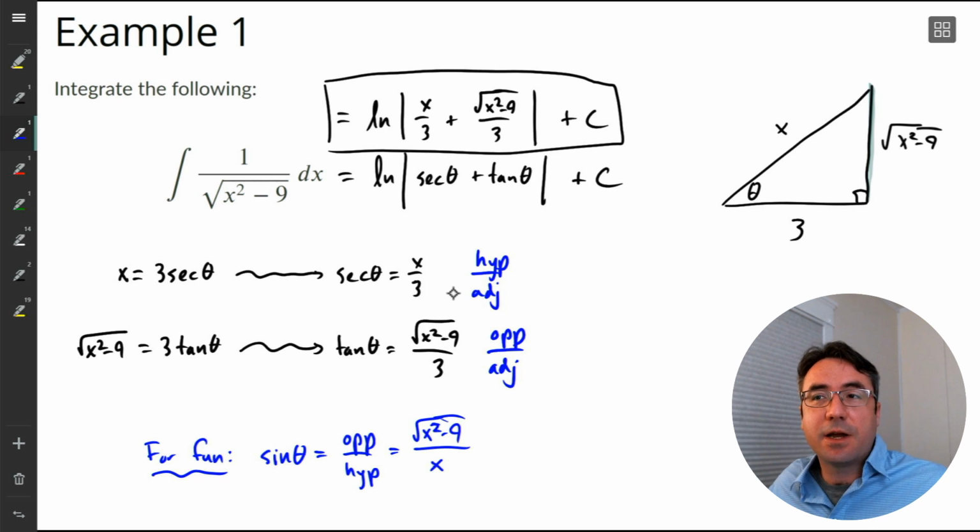Now, we got a little lucky here. We had everything we needed. We could solve this equation for secant theta, and we could solve this equation for tangent theta, and that gave us all the pieces we needed. But if there were other things, that's where we would really need to fill in our triangle and then solve for those.